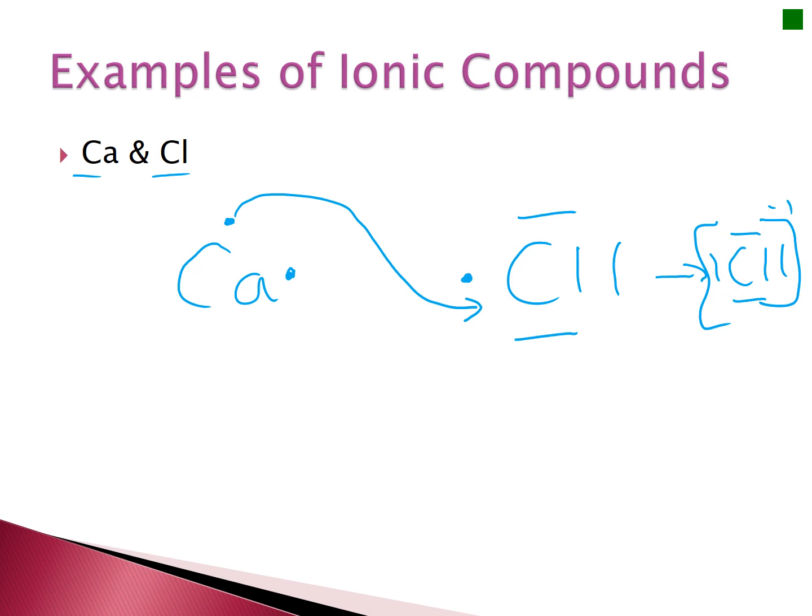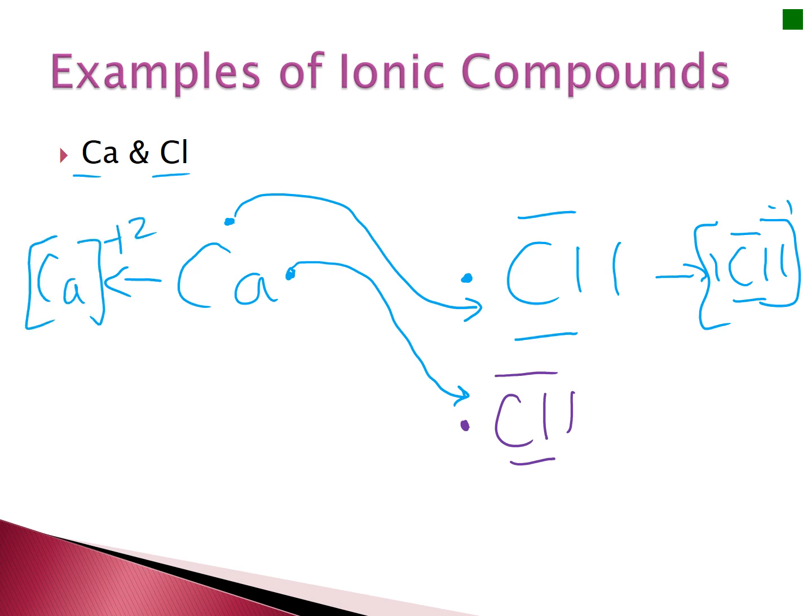The problem is that Ca is not happy. So what happens? Another Cl will come in, and this Cl will also have 7 valence electrons. Now the Ca will donate its other valence electron. So Ca is now happy. Give it its charge, which means it lost 2 electrons total. And now this Cl is happy too.